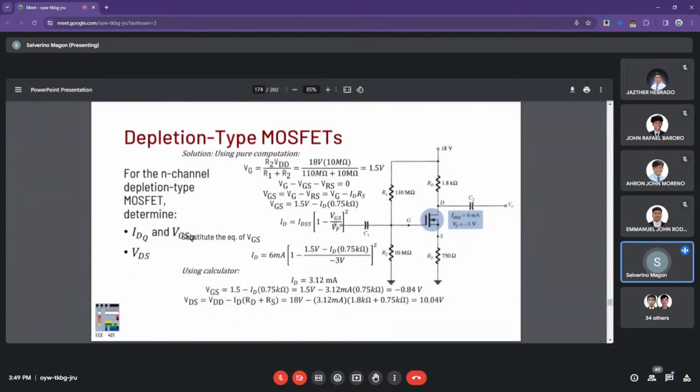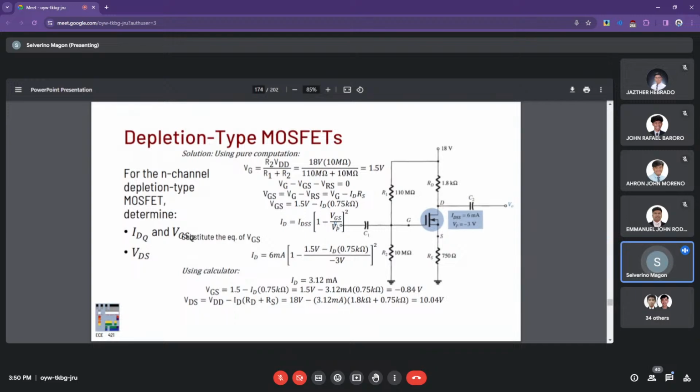Further simplifying, we can express VG in terms of ID because all the others are already given. And then we can plug in the expression for VGS into our Shockley's equation, no?